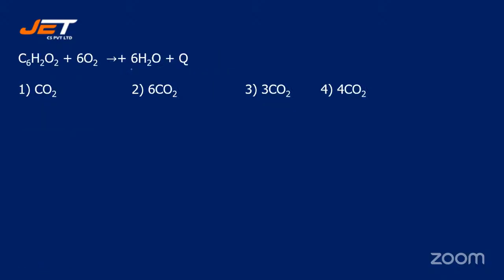This question. How many moles of carbon dioxide are formed? Here also we have done it yesterday: 6 moles of carbon dioxide are formed, just do the balanced equation. Since 6 carbons are there, definitely there will be 6 moles of CO2, that is carbon dioxide. So 6 CO2 is the answer.